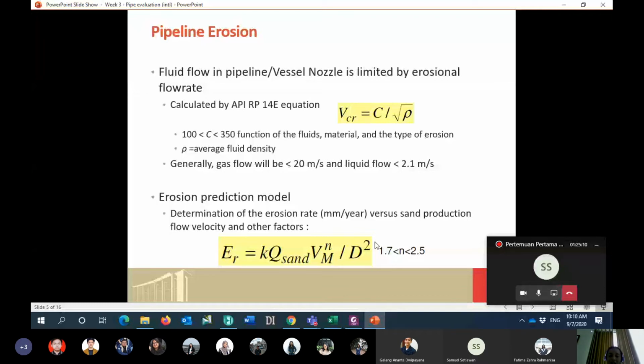In calculation generally, the flow will be less than 2.1 meters per second, usually 0.5 to 0.7, so it's very slow, when your fluid consists of sand, of solid, or sometimes called slurry.